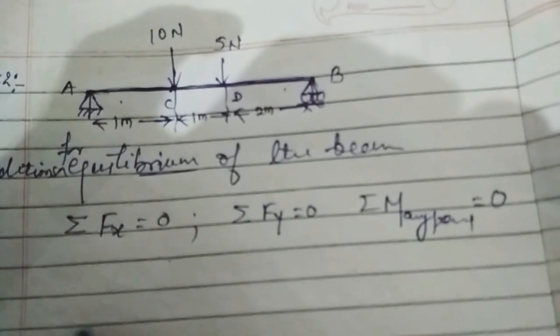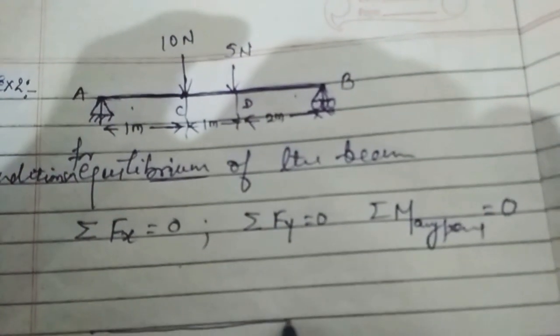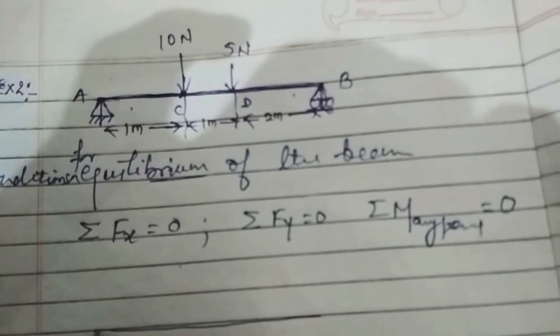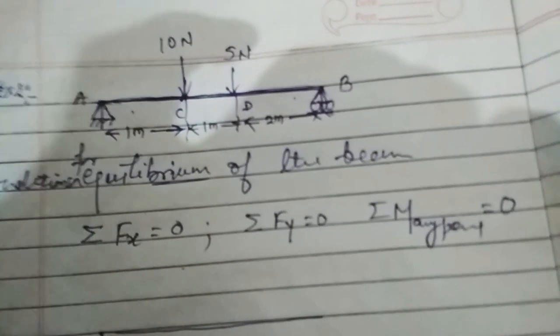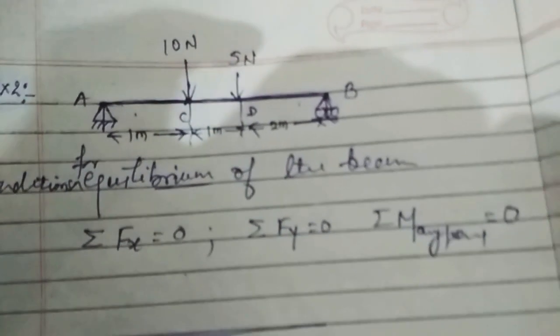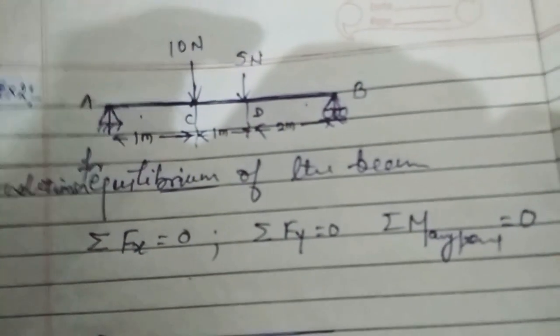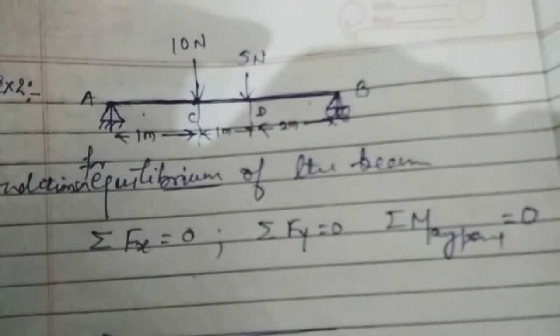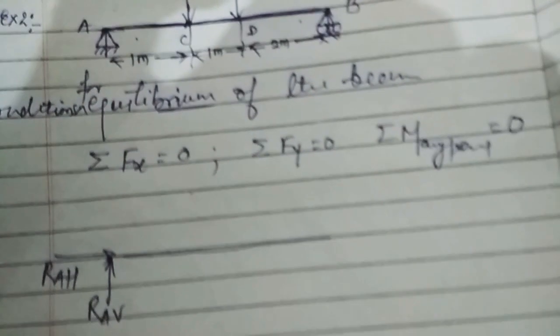Now first we have to draw the free body diagram of the beam. It's a hinge support or pin support, so there are two reaction forces, RAV and RAH, that is a reaction force in horizontal direction and a reaction force in vertical direction.